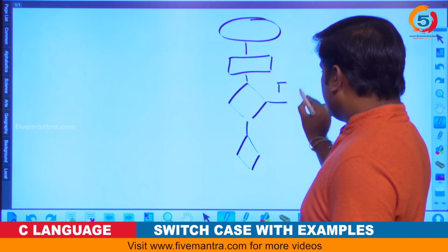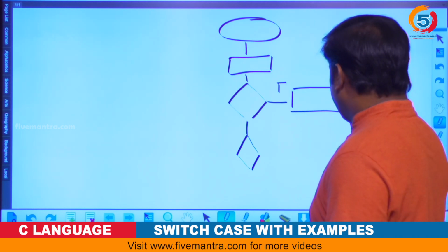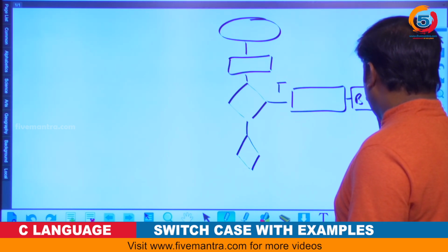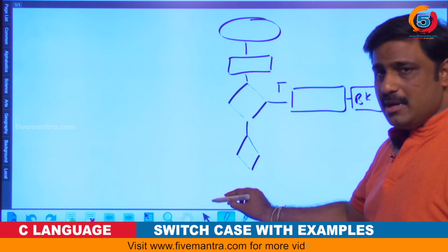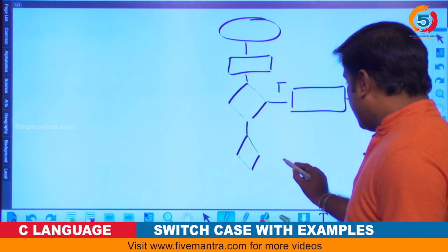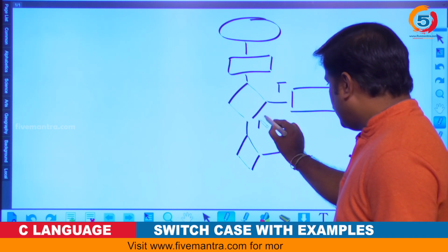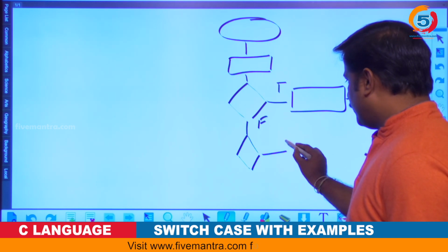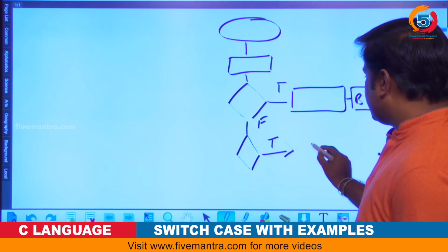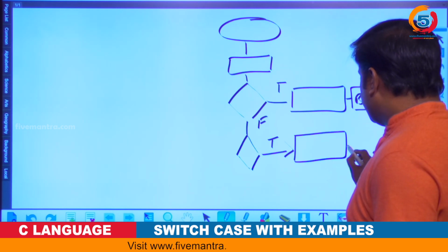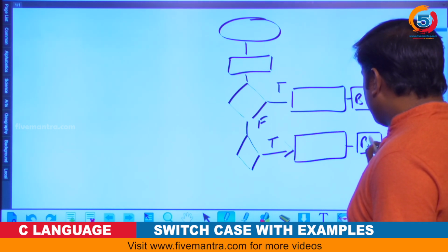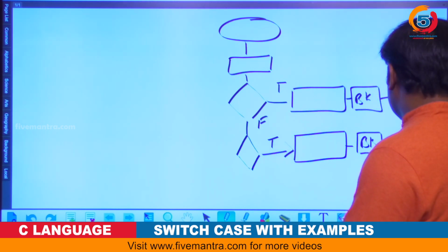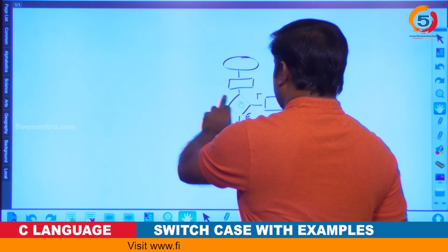If it is true, then it will execute this block, and if you write a break statement, then it will come out from the block. In the same way, if the condition is false, meaning this case fails, then it goes down, and if the second case is true, then it will execute. If you are implementing a break, then it will go out from the block. Actually, this is the scenario we are working with here.